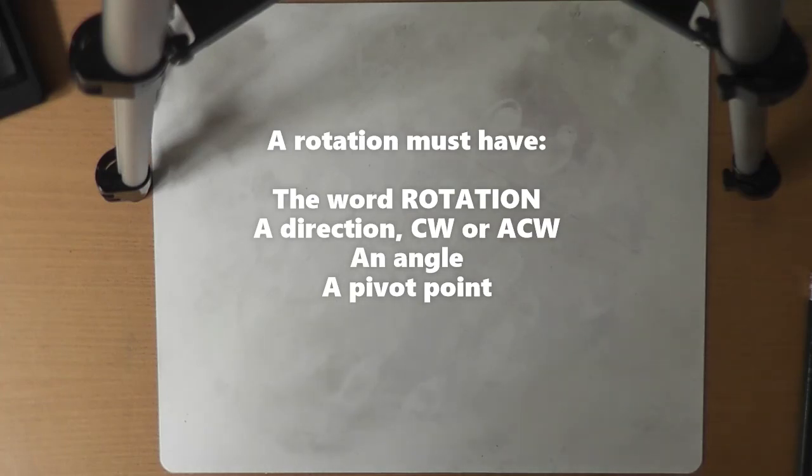How do you find that? Well, you grab some tracing paper and you test some points, and you keep trying pivots until you find the one that works. Nothing fancy about that, just keep trying, you'll find one that works. Quote that point. So the word rotation, a direction clockwise or anti-clockwise, the angle that's been rotated by, and that pivot point that you are going to find by trial and error.